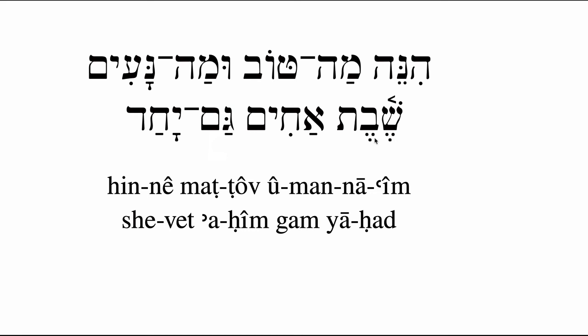You'll notice here in shevet, we have an open syllable, shin, and a short vowel. Well, that's impossible. That's not enough for a whole syllable unless it's accented. Shevet. And then it's okay. And then we get our closed syllable. Beit, bet, vet.